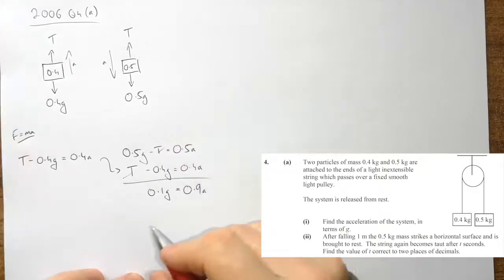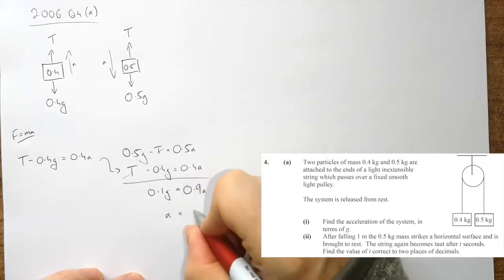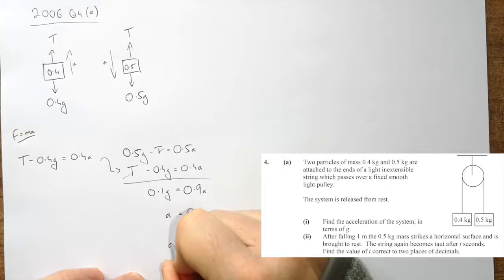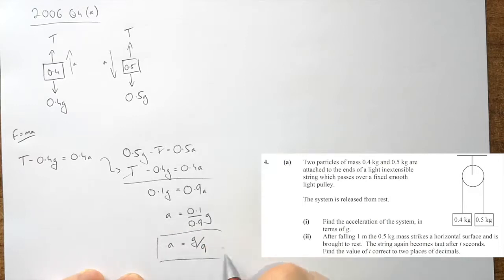All right, we're looking for the acceleration, and that a is, of course, 0.1 over 0.9 g. So we can say a is g over 9. That's one of those ones to write rather carefully because the g's and 9s are a disaster waiting to happen. However, we're all sorted out. We have our 9th g.